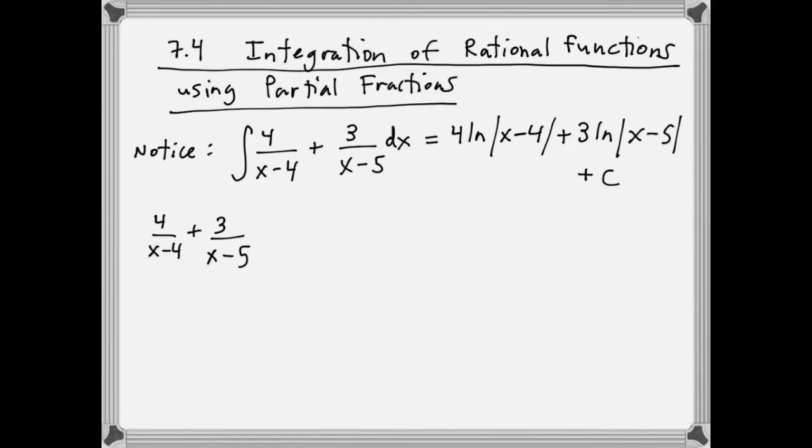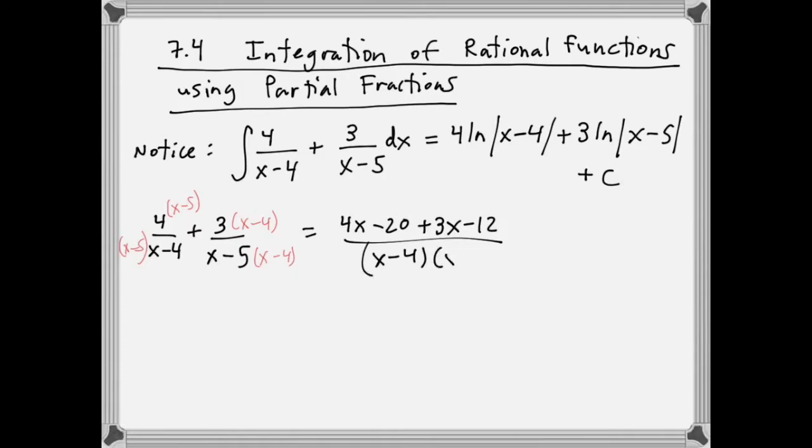Well, we know using common denominators here, if I multiply that by x minus 5, and if I multiply this guy by x minus 4, we actually end up with 4x minus 20 plus 3x minus 12 over x minus 4 times x minus 5. And this would actually give us 7x minus 32 over x squared minus 9x plus 20.